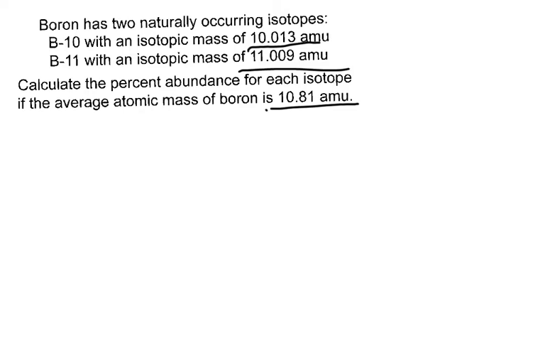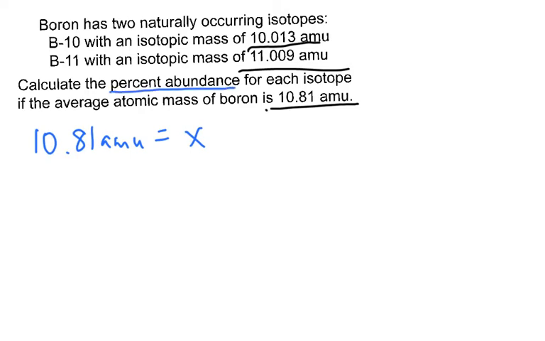So when we set this problem up, we're going to say the average atomic mass, so 10.81 AMU, is equal to the fraction of boron 10. So let's just call that X since we don't know it. That's what we're trying to find. So it asks for percent abundance.